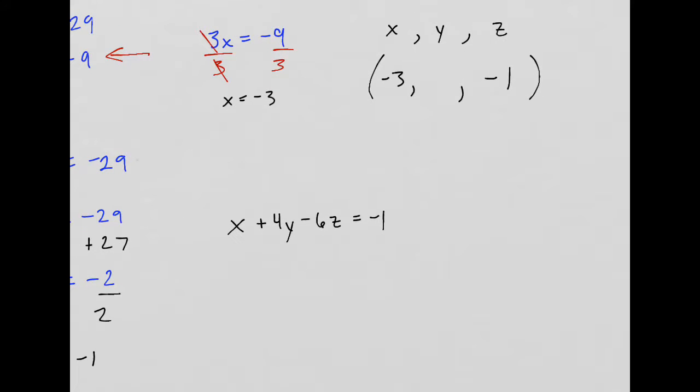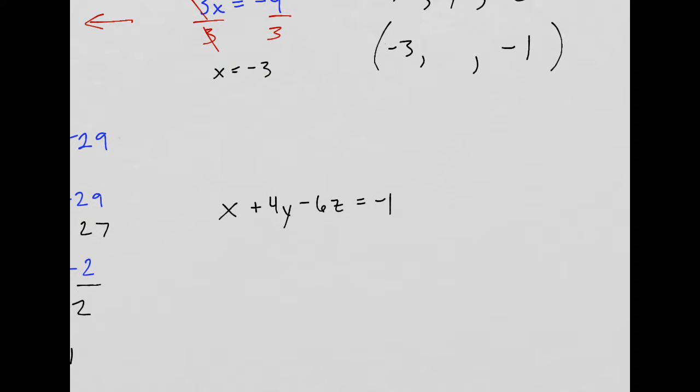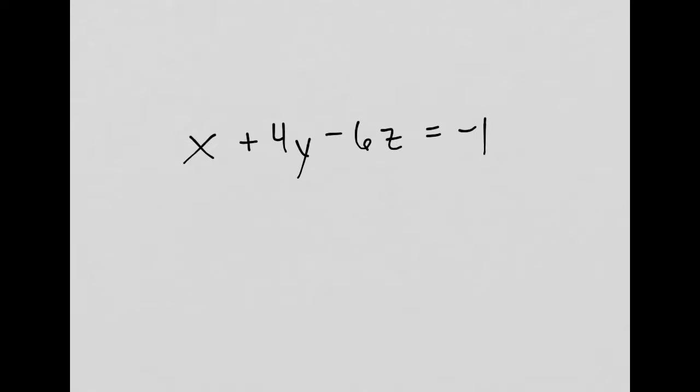It's so easy to copy these things down wrong, so you got to be careful with that. And then instead of writing x, I'll write negative 3. Instead of writing z, I'll write negative 1. And then I'll see what I get. So I have a negative 3 plus 4 times y. I don't know what y is, but I'll solve for it. Minus 6 times negative 1 equals negative 1.